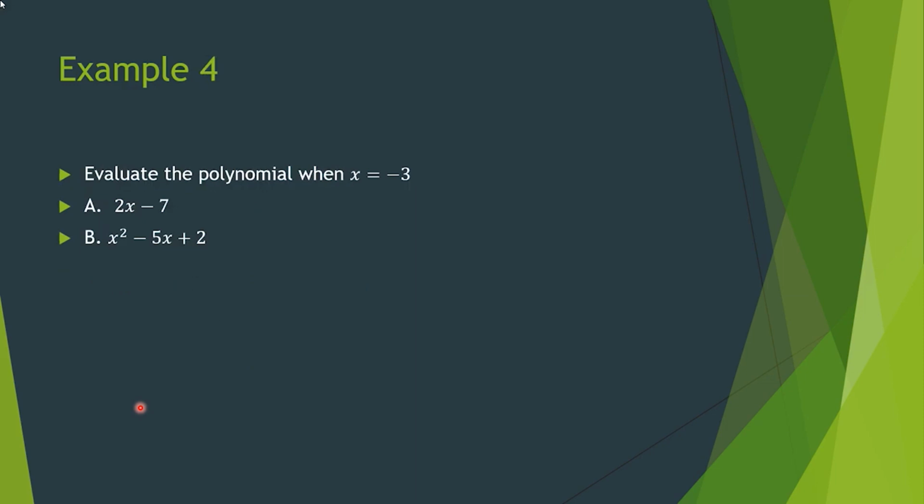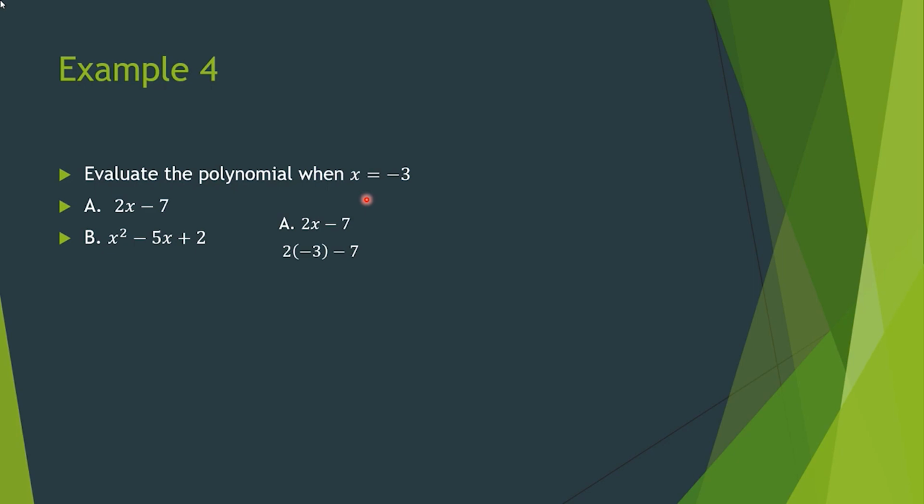Now let's look at polynomials. If the directions tell you to evaluate the polynomial when x equals negative 3, all you have to do is substitute. So I'm going to rewrite that. Letter A is 2x minus 7. Replace the x with negative 3. I'm using a parenthesis here.